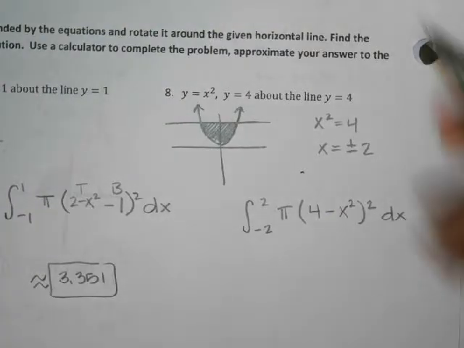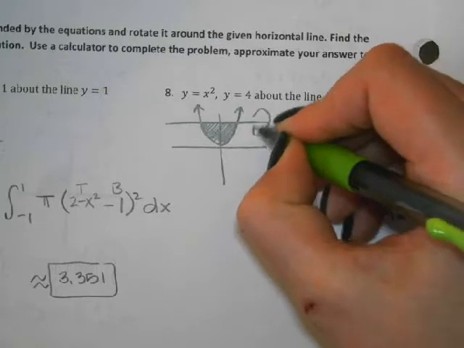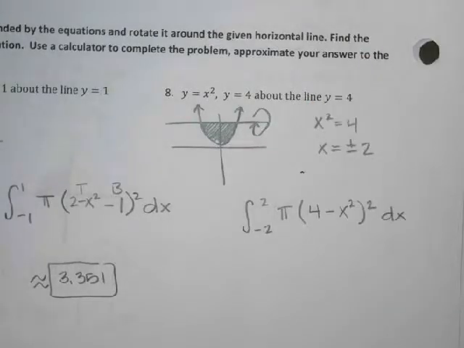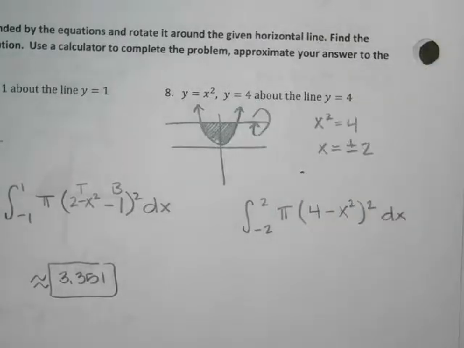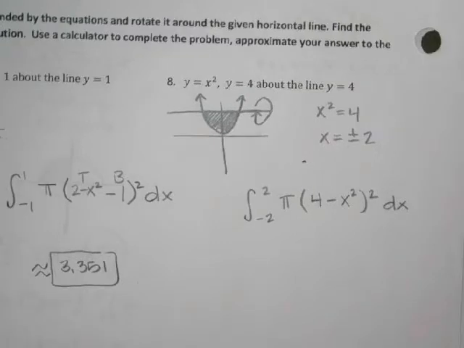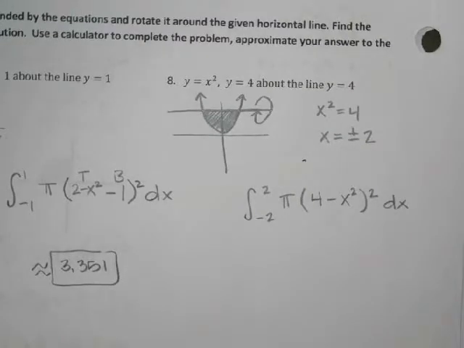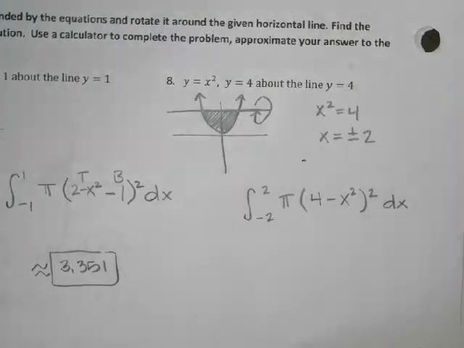So this time, the axis of rotation happens to be the top, and the curve happens to be the bottom. But we still did top minus bottom. All right, and that one's ready to be plugged in as well.